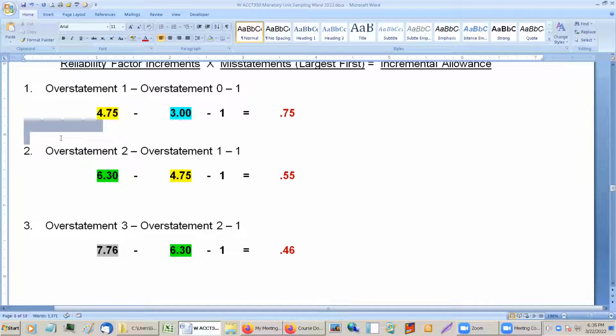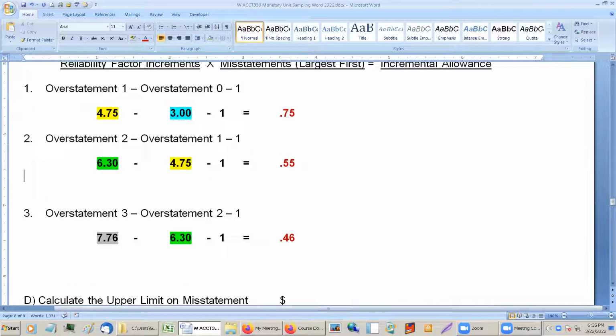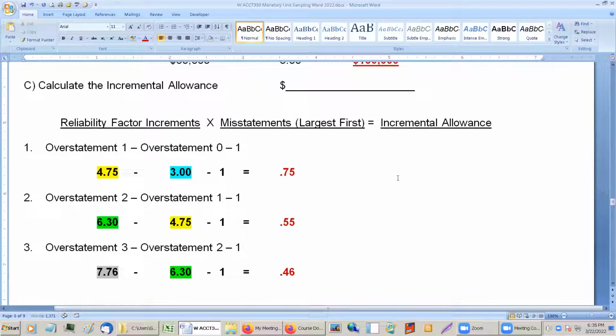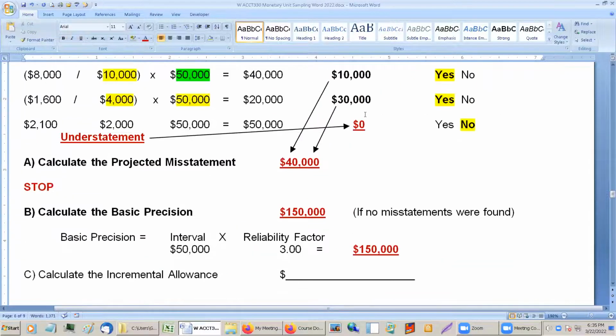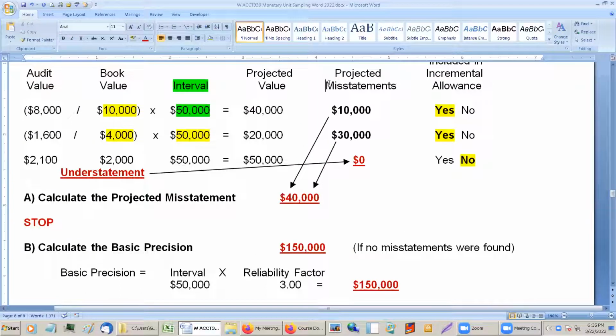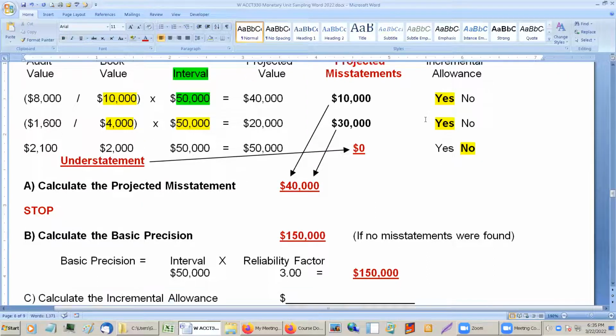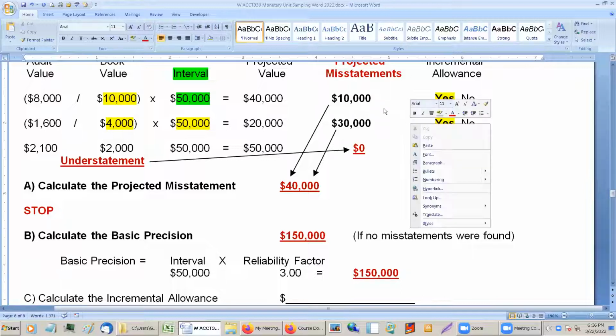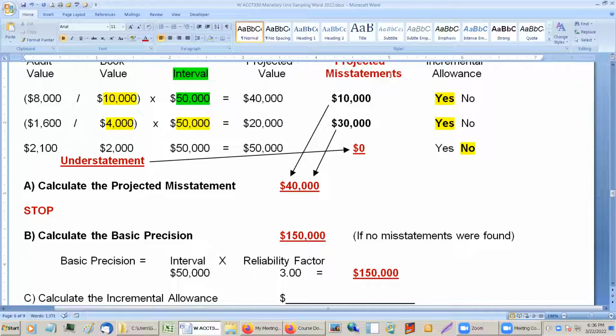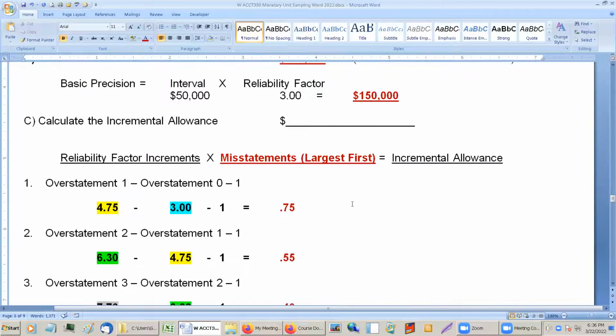Okay, now an obvious question is, okay, well, now what? We got these. What do we do with them? Okay, we're going to multiply this times the misstatements. And the largest misstatements first. Okay, so going up here to the misstatements. Which one's the largest? $30,000. So the first one will be 30,000.